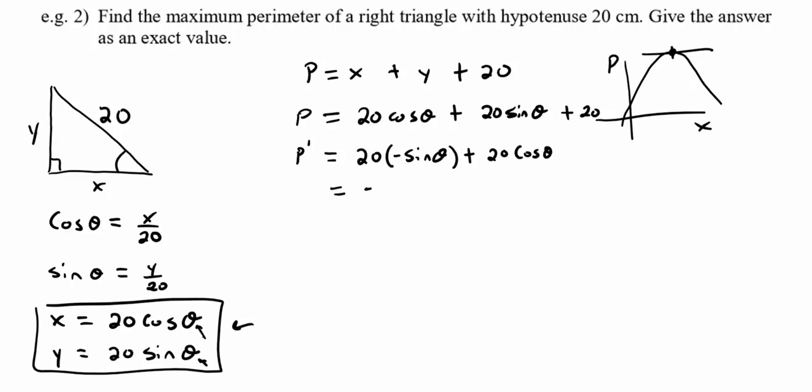So this would be negative 20 sine theta plus 20 cos theta. So now I'm going to factor out either negative 20 or 20. I'll factor out negative 20 times sine theta minus cos theta.